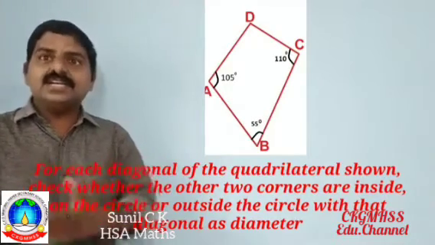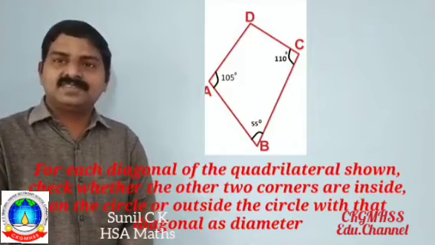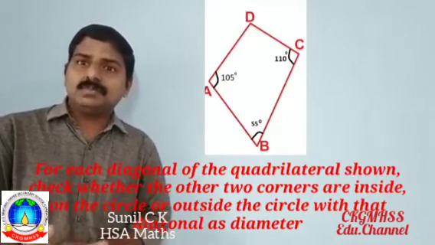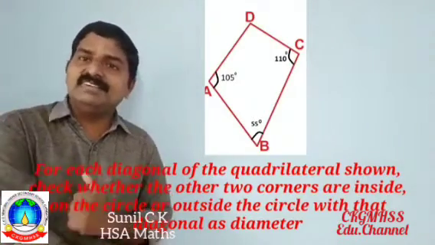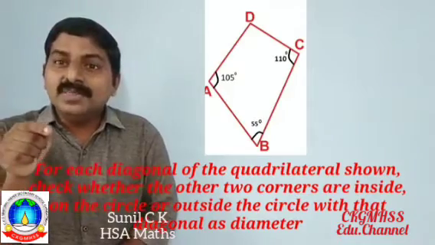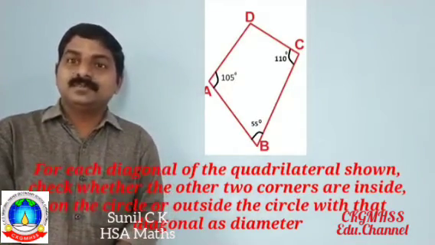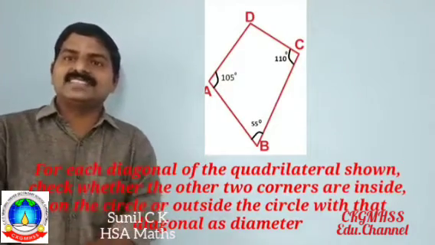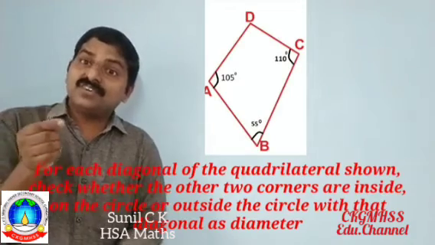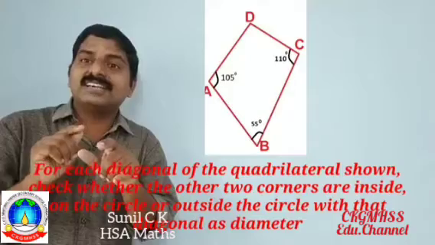Okay, next we have to consider the circle with the diameter AC. Then check the points B and D. But here in the problem, the measurement of angle D is not given, but angle B equal to 55 degrees. Measurement of angle D we can find using the angle sum property of quadrilaterals.